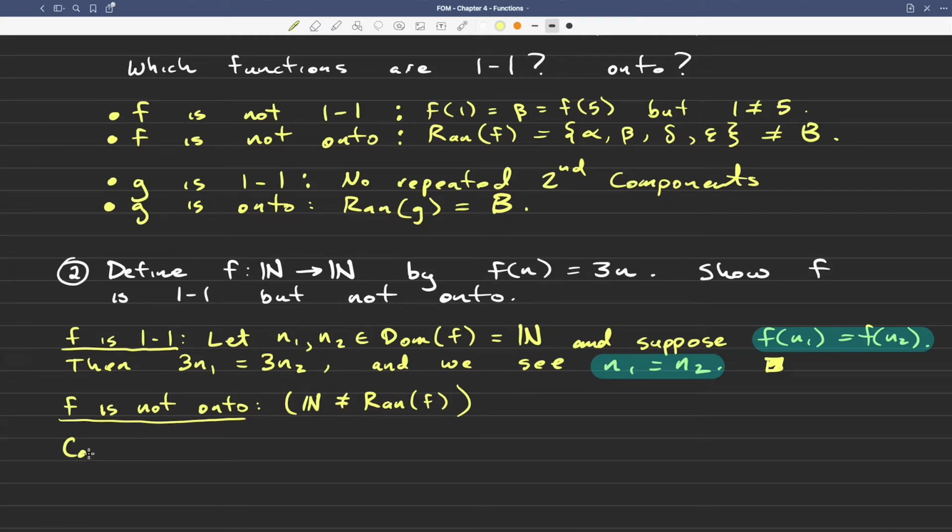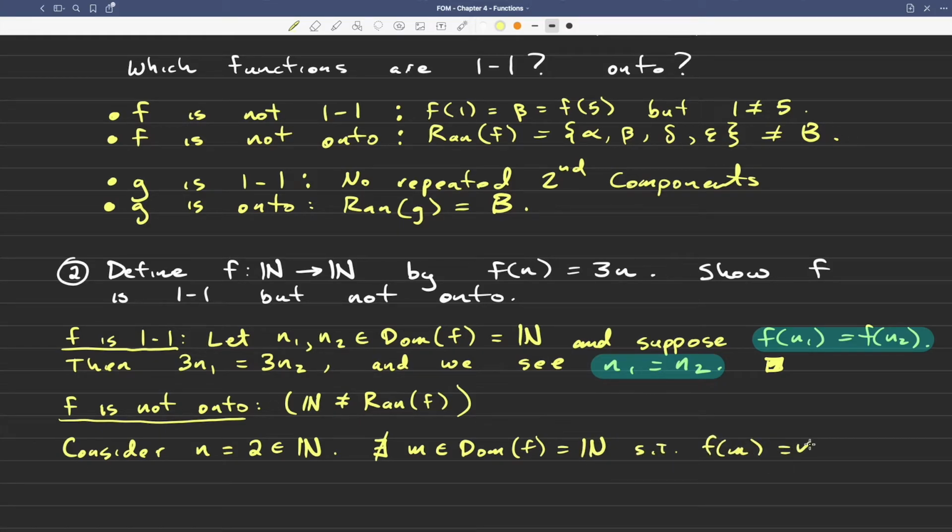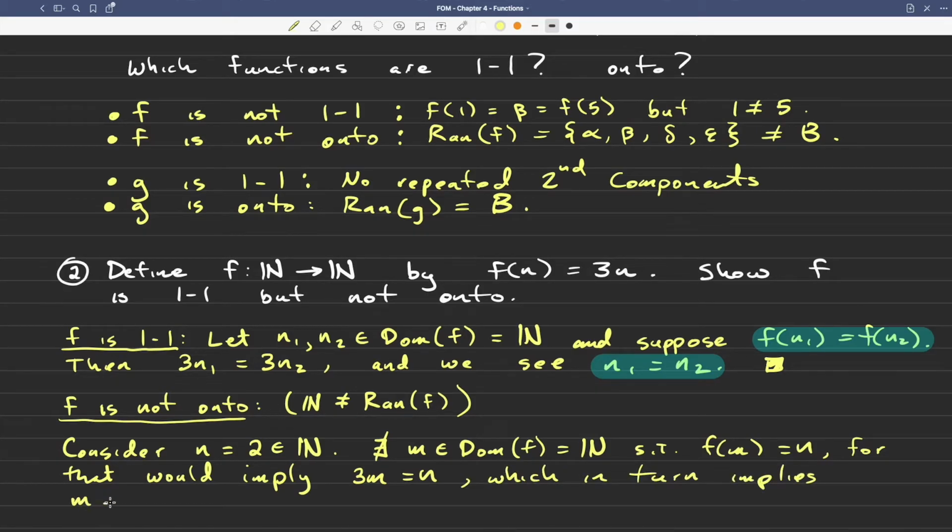So consider, let's say, n equals 2 in the natural numbers. There does not exist, let's say, m in the domain, which is the natural numbers, such that f of m would be equal to n, for that would imply that 3 times m is equal to n, which in turn implies m is equal to n divided by 3, which is 2 divided by 3, because remember we said n is equal to 2.